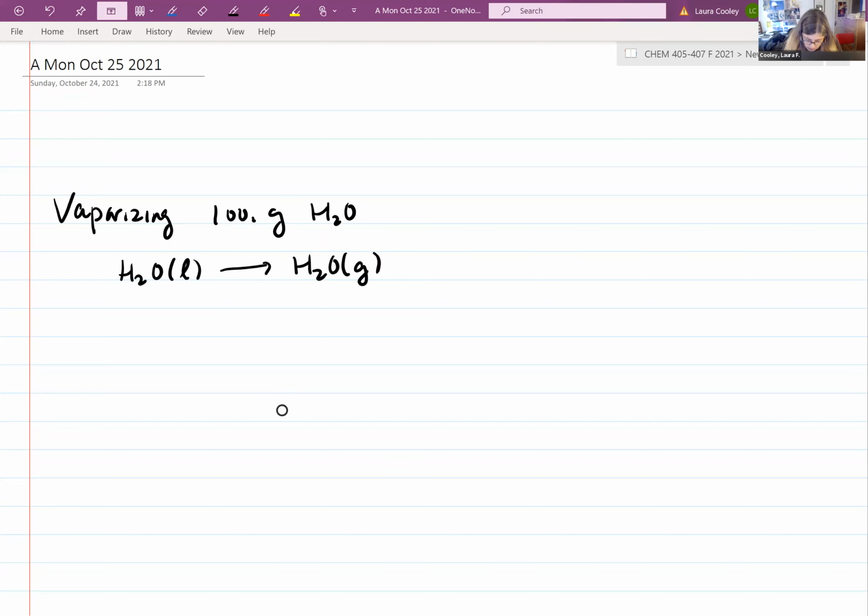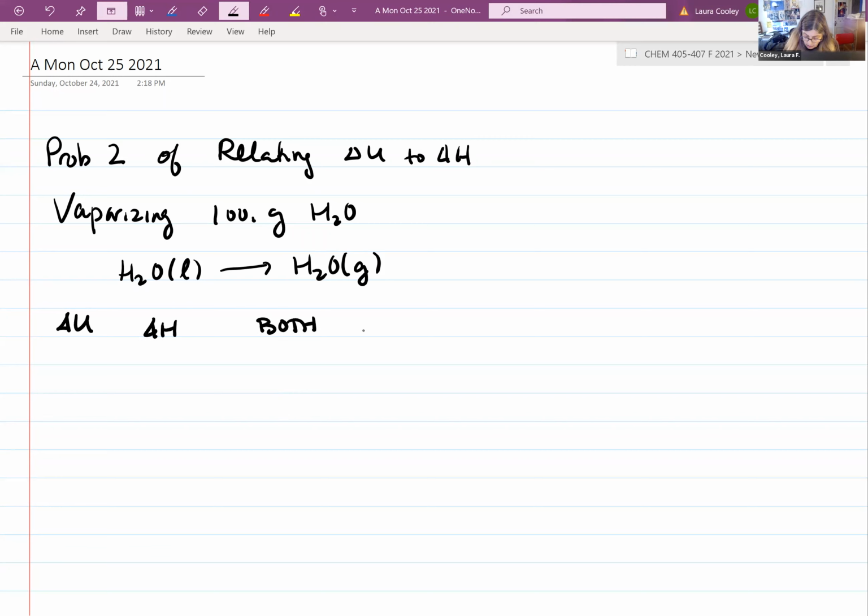And so this was problem 2 of relating delta U to delta H. And what we found at the end of that problem was that delta U and delta H both were pretty large positive values.